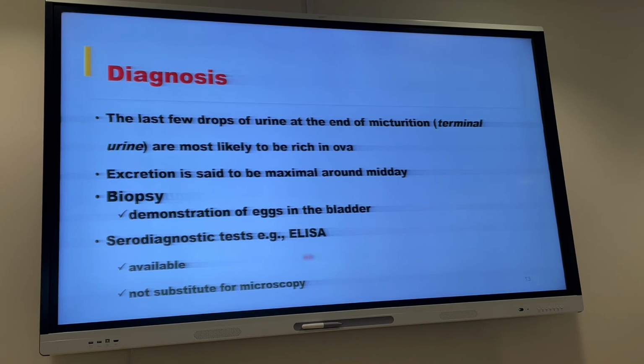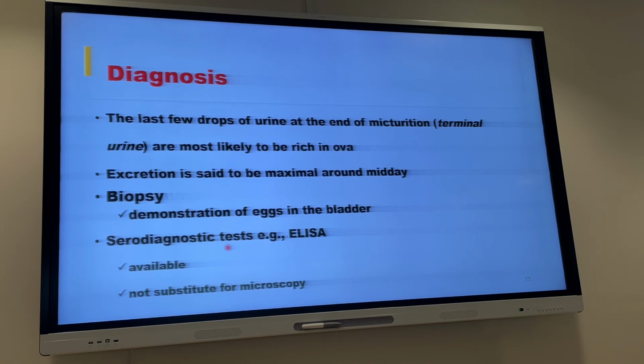Serodiagnosis can help, and this is done by the micro lab. Serodiagnosis can help when you have infections that are beyond the genitourinary tract. What do I mean by this? It's also possible for patients with this infection to have CNS involvement or to have pulmonary infection, or like I told you, in women, you may have involvement of the uterus or the fallopian tube or the ovaries.